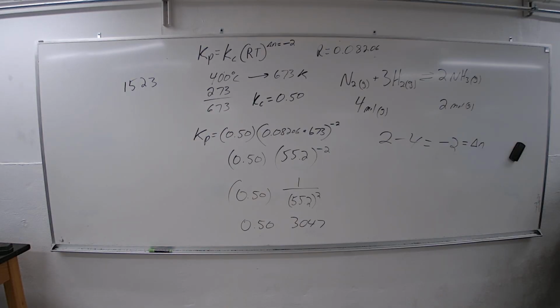Want to do another one of these? Let's do a KP to KC. So using that same formula, we're just using it the other way around. What is delta moles of gas here? For this one, this is number 3.